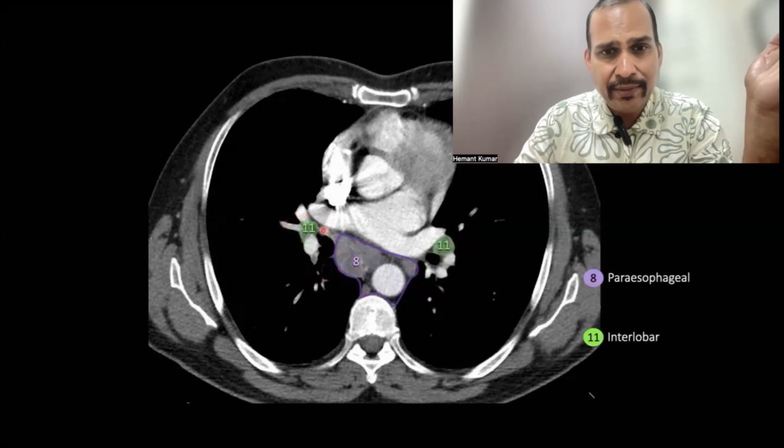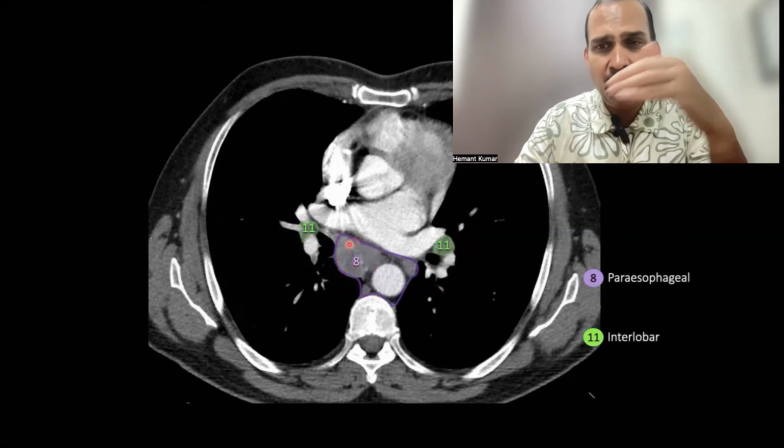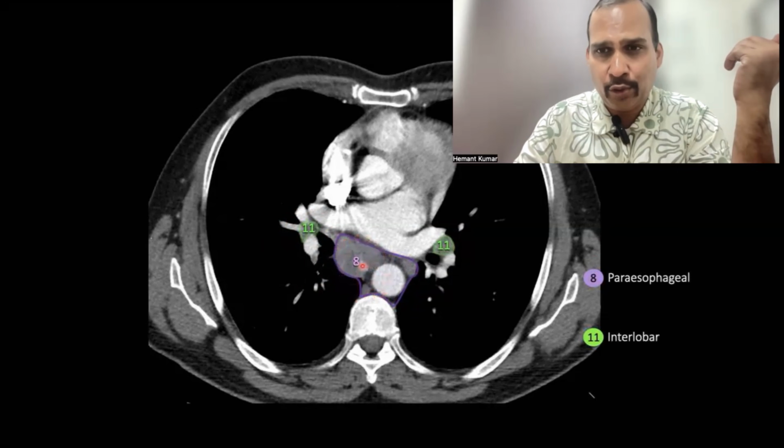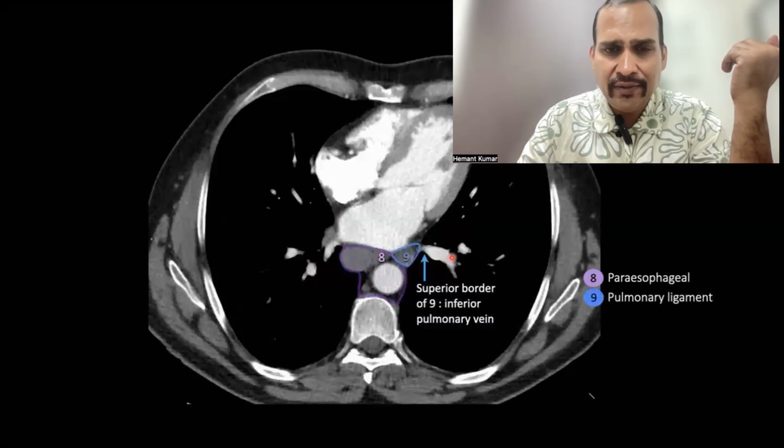These are bronchi, upper bronchi, lower bronchi. So this is station 8, paraesophageal. It cannot be sampled by your EBUS or by bronchoscope. It can be assessed by endoscopic ultrasound. This is station 11.